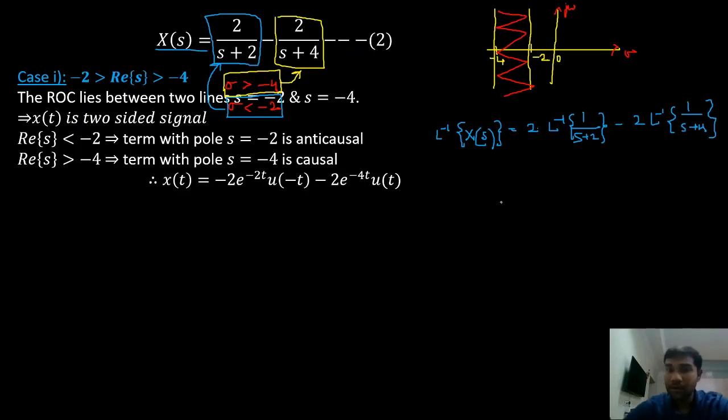Now, we have the standard Laplace transform pairs, right? Let us see what they are. One of the standard Laplace transform pairs is e^(-at) u(t), which has the Laplace transform 1 by s plus a.